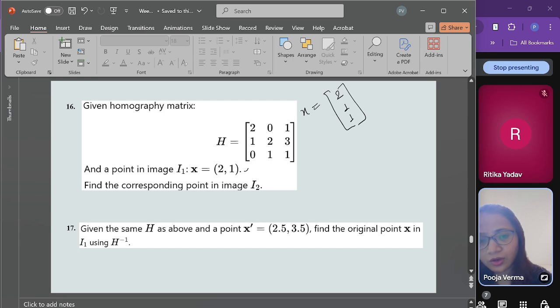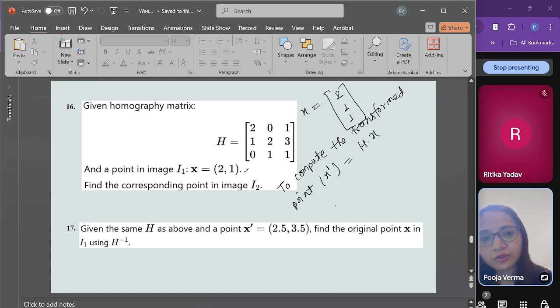To compute the transformed point, we already know that X dash is equal to H into X. So just multiply H into X. What will you get? X prime. So just multiply this H by this X, this row to this column.